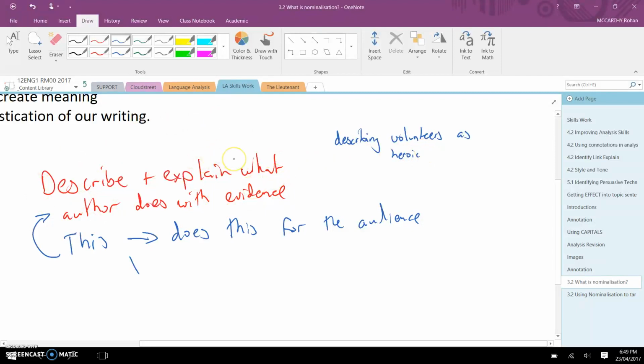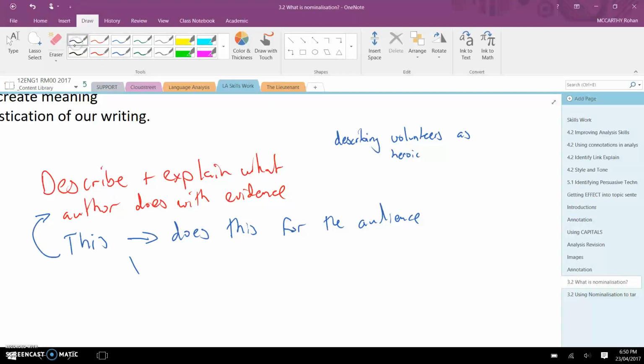evidence and our discussion. After that, we'd have a sentence that is our analysis sentence, and we're basically using this formula for our analysis sentence. This, as in pointing back to the description and explanation, or the evidence, does this for the audience.